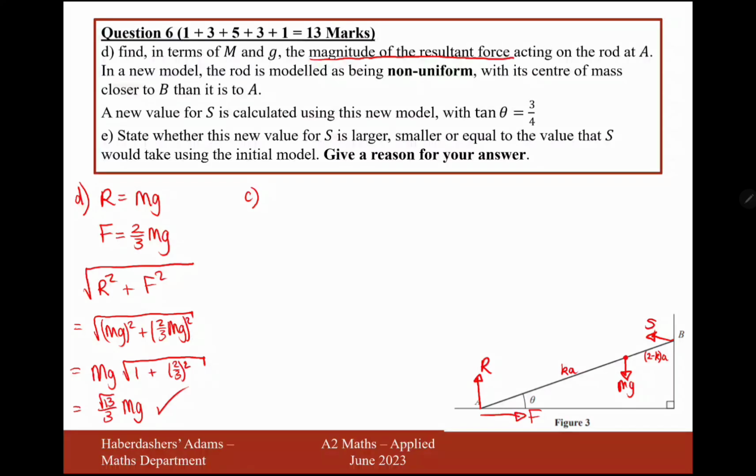So if we now do exactly the same thing that we did in part B by taking moments about A, then we're going to get mg cos theta times ka equals S times sine theta times 2a. Divide that to the other side and we're going to get 1 over 2 k mg cot theta equals S.